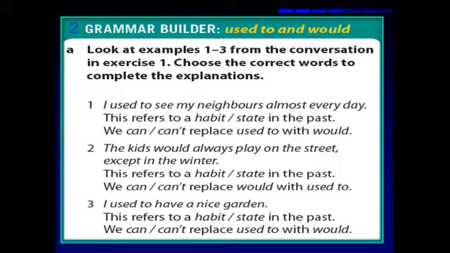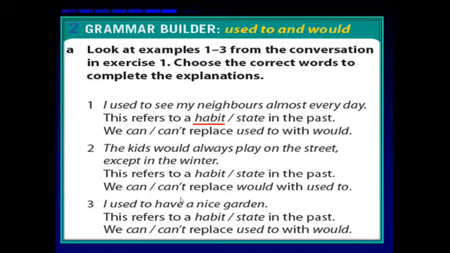Look at examples 1 to 3 from the conversation in exercise 1. Choose the correct words to complete the explanations. Number 1, I used to see my neighbors almost every day. As you can see, this is a habit in the past. I used to see my neighbors, so now I don't see my neighbors.